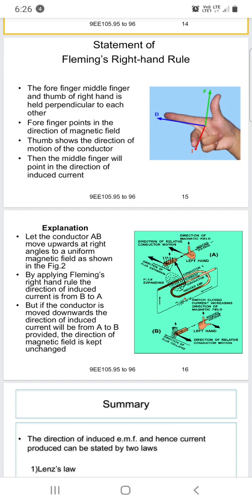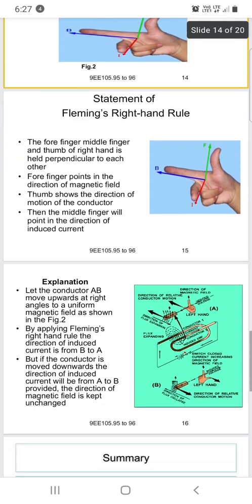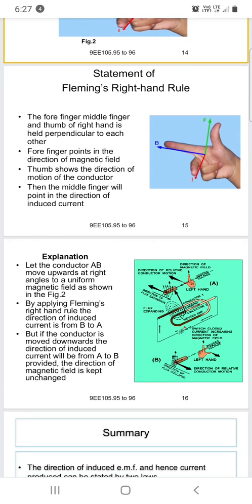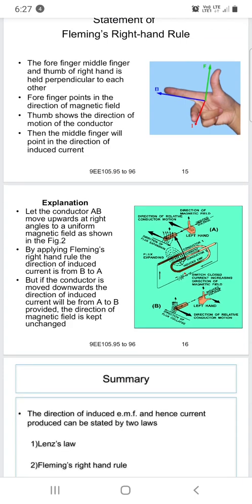Next, if the conductor is moved downward, the direction of induced current is A to B. That means the motion is downwards, and the direction of current is A to B. If the direction of motion is upwards, then the current direction is B to A. So by applying Fleming's right hand rule, you can easily find the direction of induced current and motion of induced EMF.